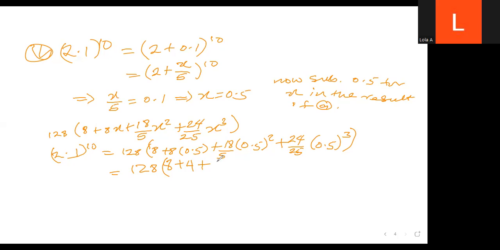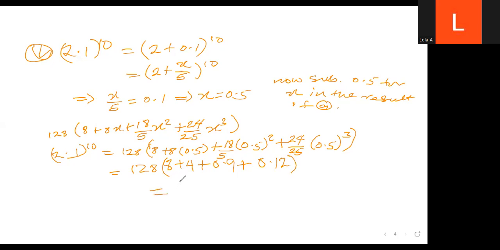So that will be 0.9, plus, then the other one, 0.5 raised to the power of 3 times 24 divided by 25, will give us 0.12.